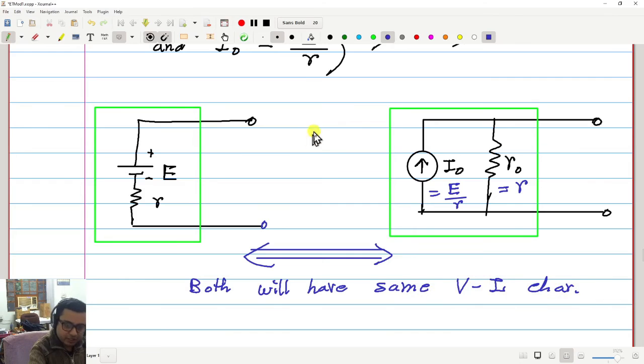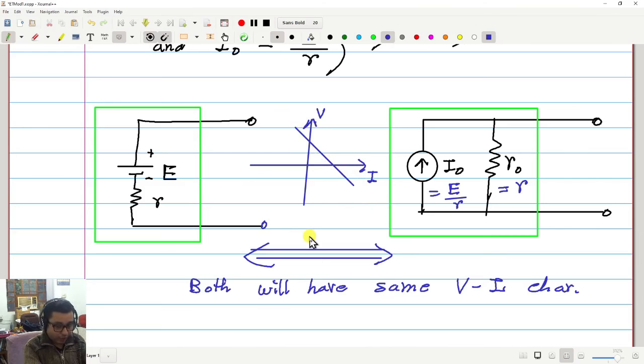Which if I draw here, that will be a voltage current, that will be a somewhat slanted line like this. So what then this implies?